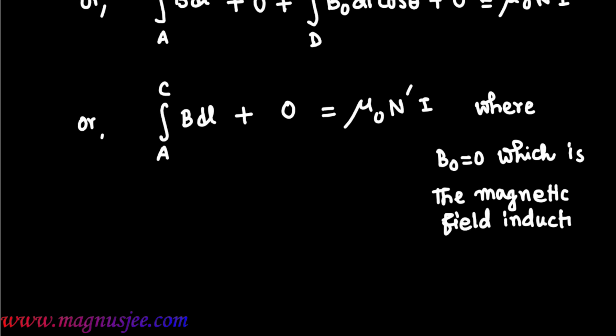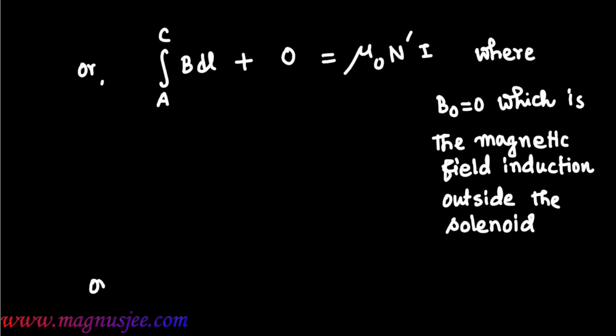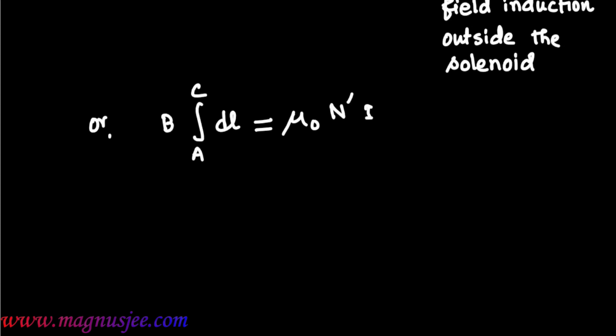Magnetic field induction at a point outside the solenoid is 0. That means no magnetic field induction acts outside the solenoid. Now we can bring B outside dl.